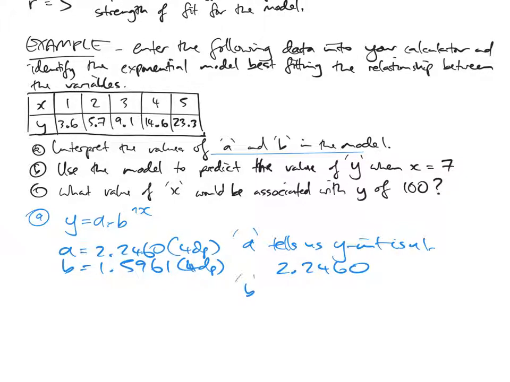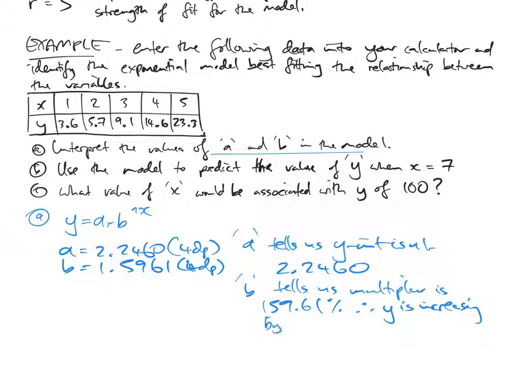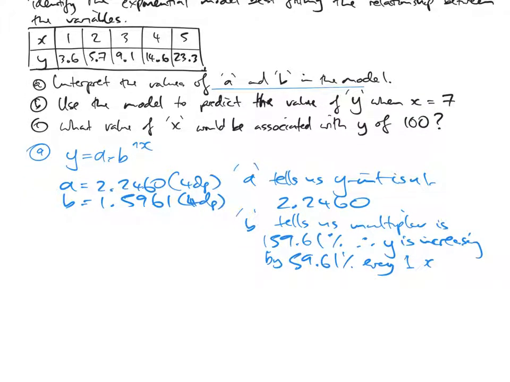B tells us the multiplier is 159.61%, therefore y is increasing by 59.61% every 1 x increase. So that's the interpretation done.